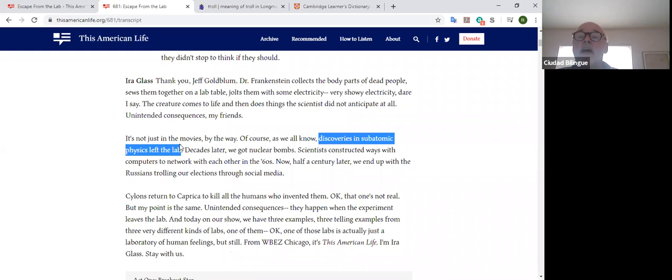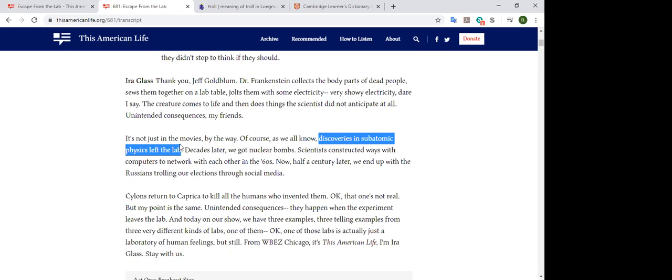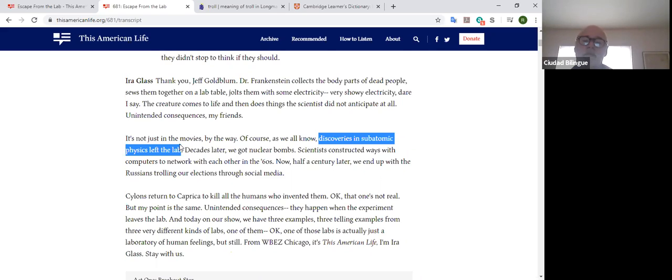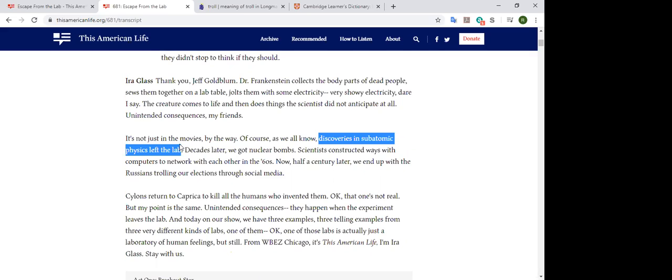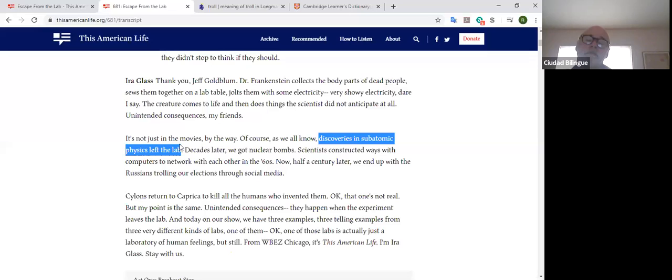Valentina, say that same sentence where you change the object, and let's get Dora to answer it. And then I want you to ask the question where you change the subject. Go, Valentina. What did discoveries in subatomic physics leave? The lab. Good.